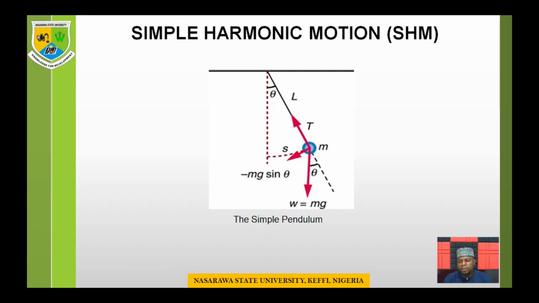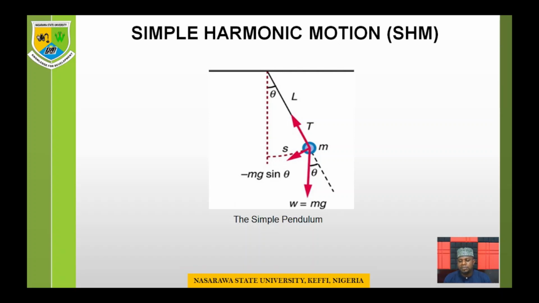So it can be seen that the dotted line is the equilibrium position of the simple pendulum, but it has been displaced a bit to the right, just a small displacement, through a small angle given as theta.